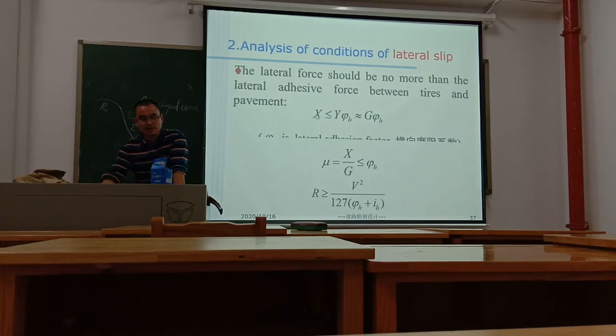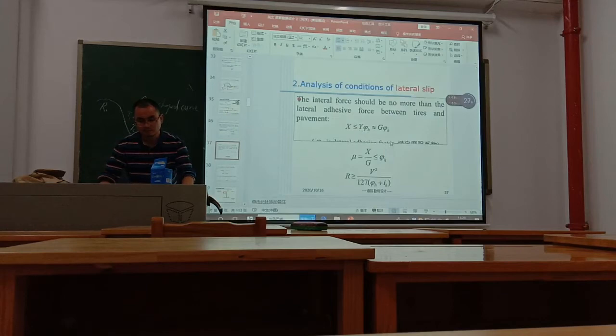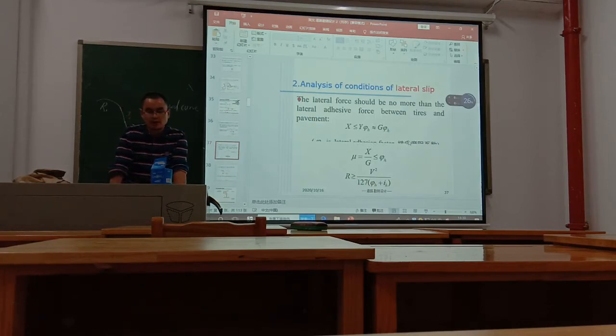So, X is side force, Y is vertical force, and cosine is the natural adhesion factor, the lateral adhesion factor between wheel and pavement.